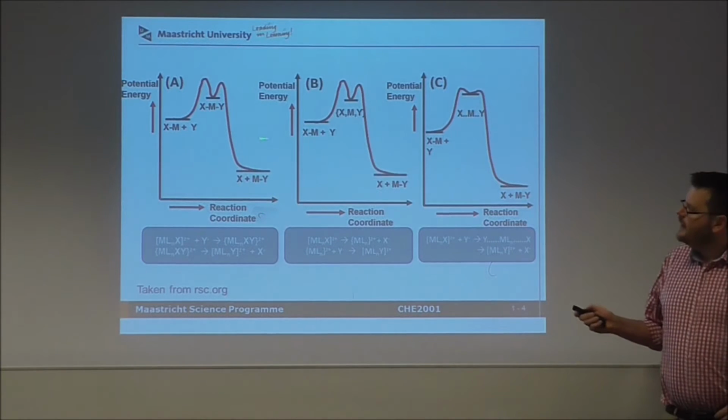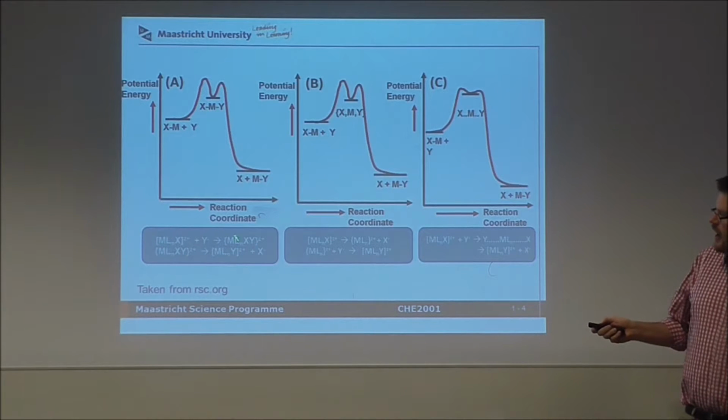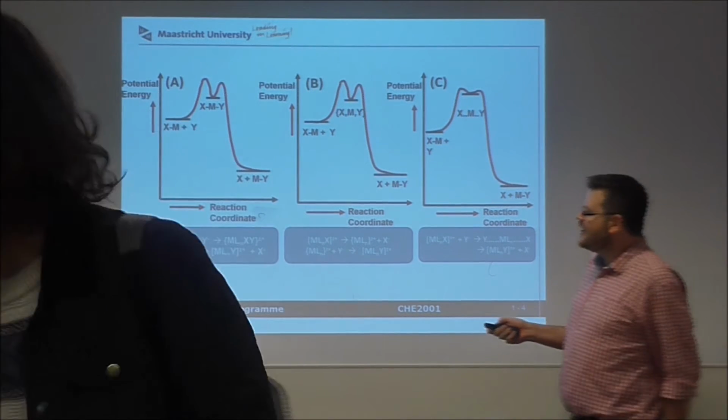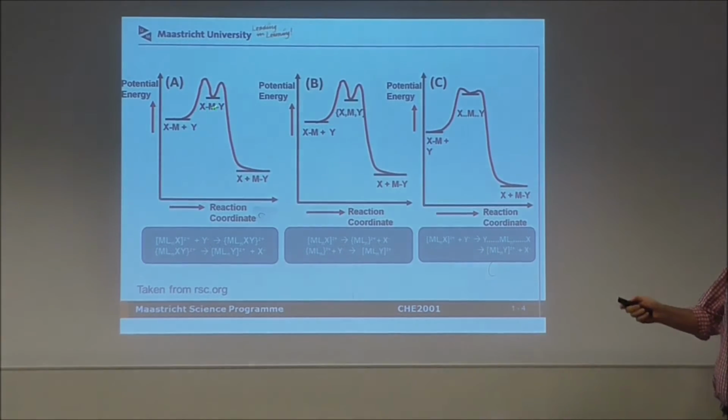So here we see it again. We have here on the left the reaction profile of a substitution reaction of some complex. Y is the incoming ligand. And we can clearly see that this is an associative mechanism, and we can clearly see there a minimum on the free energy surface.